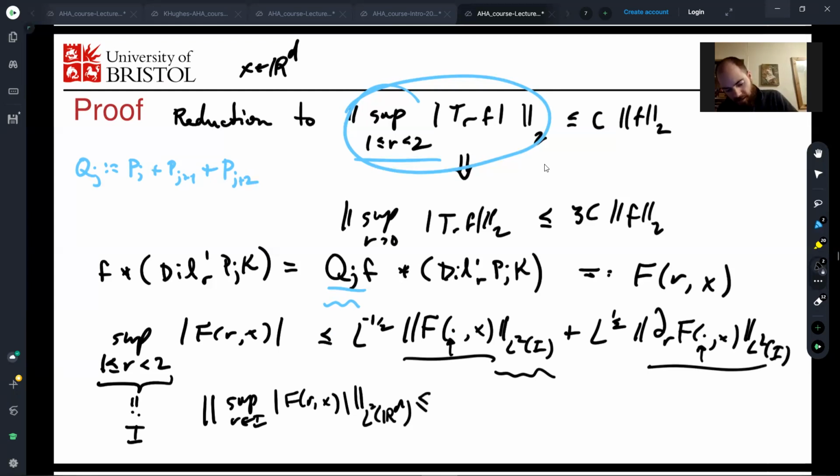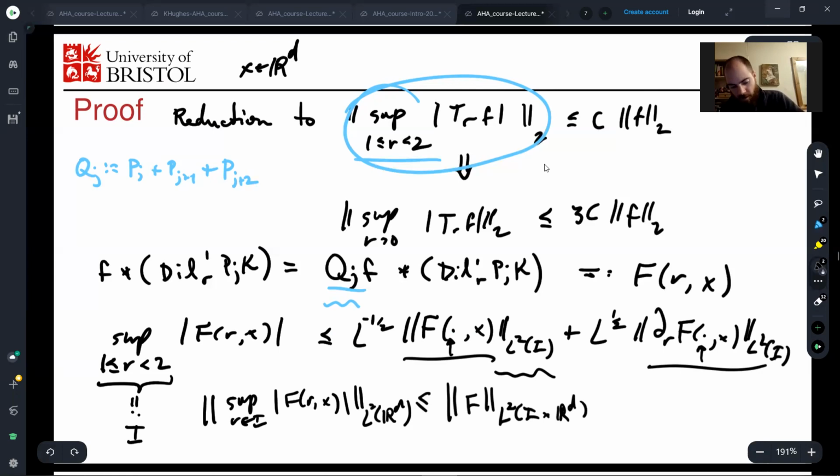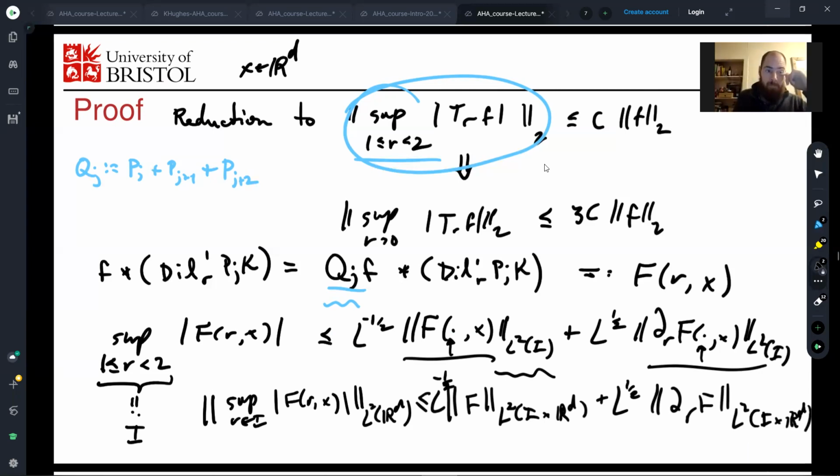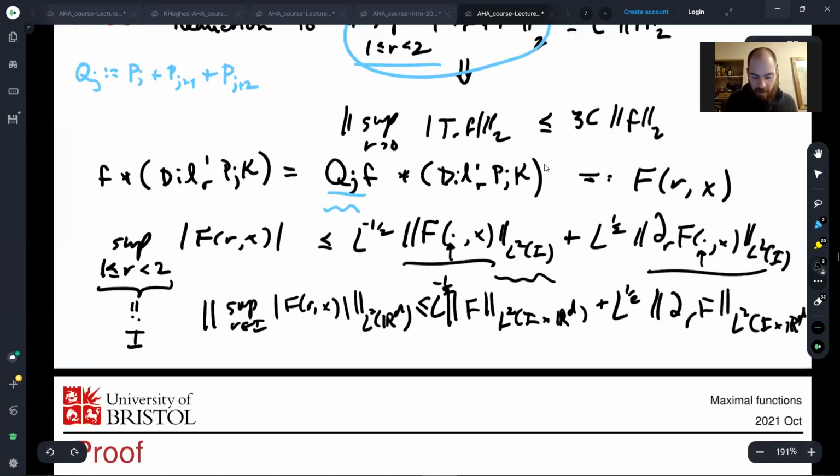And instead you just get the L2 norm of F on I cross R^d times L to the minus 1/2 plus L to the 1/2 times the L2 norm of this, also on I cross R^d. Great. So now we better figure out what these things look like, and the way we're going to do that is just apply Plancherel's theorem.